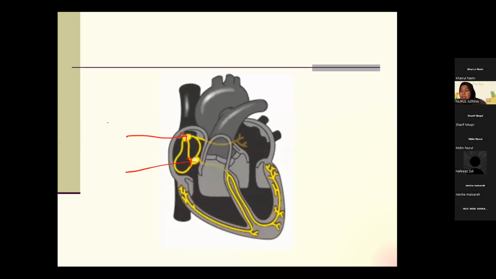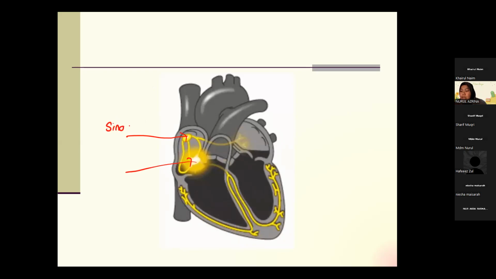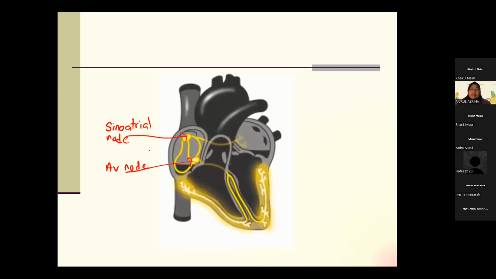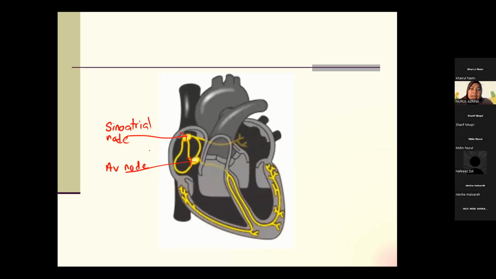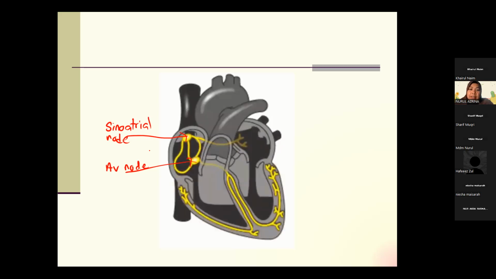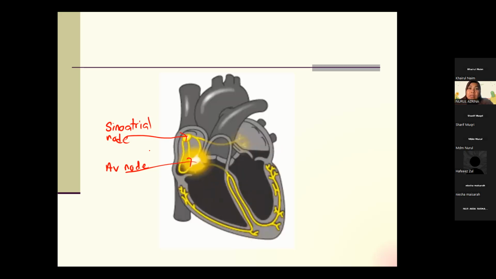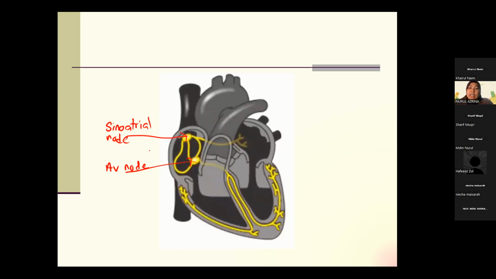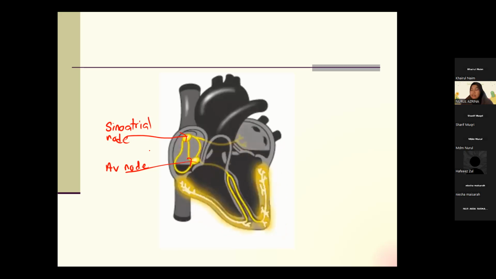This is what we call the sinoatrial node. And this is known as the AV node. Right? And we have another feature. You can see all the yellow colored fibers, right? That help to transmit impulses, right? Throughout the cardiac tissue, okay? Or cardiac cells, right?